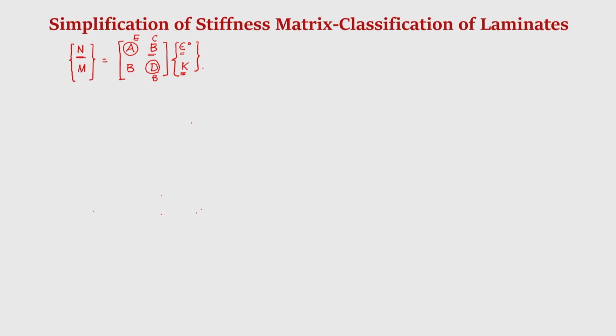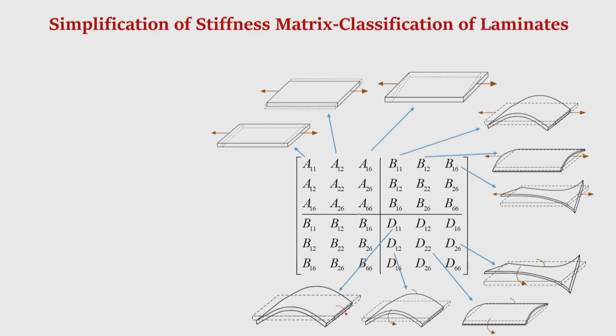And we also understood in details the elements of each of these matrices and the specific role each element signifies in terms of the behavior of the laminate. This is what we have discussed in our last class, and more importantly, we understood that each element of this ABBD matrix is decided by the geometrical properties and mechanical properties of the constituent lamina from which the laminate is made.